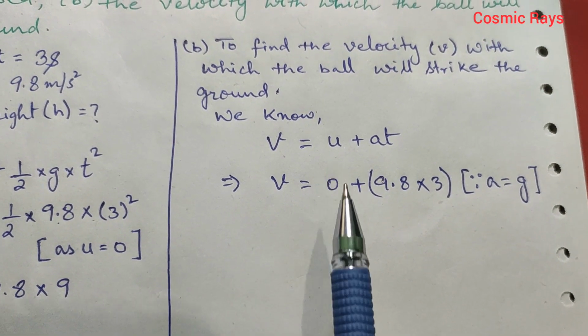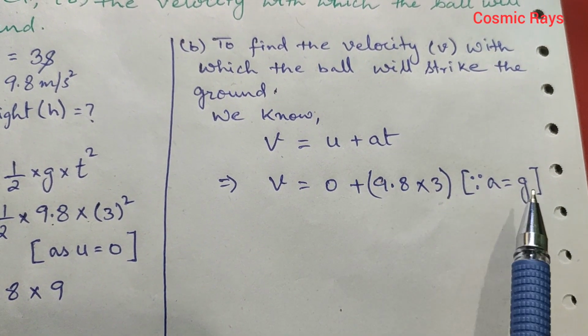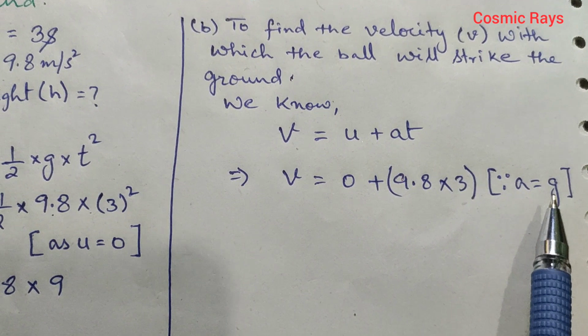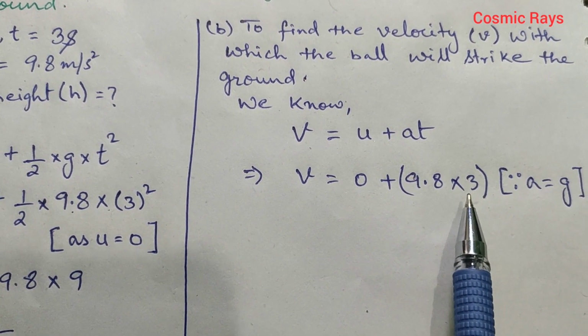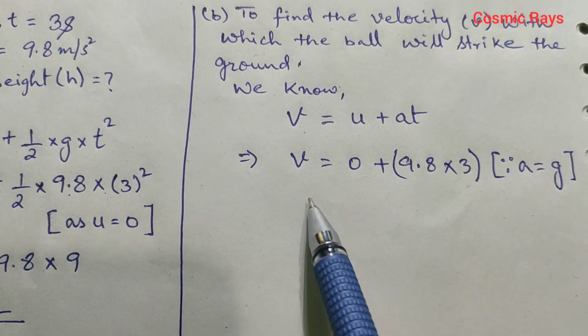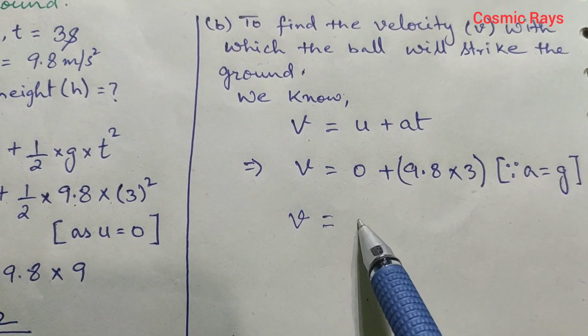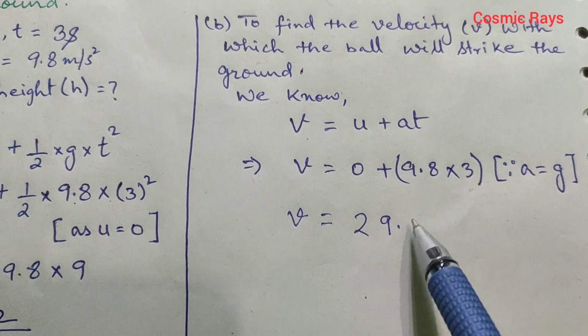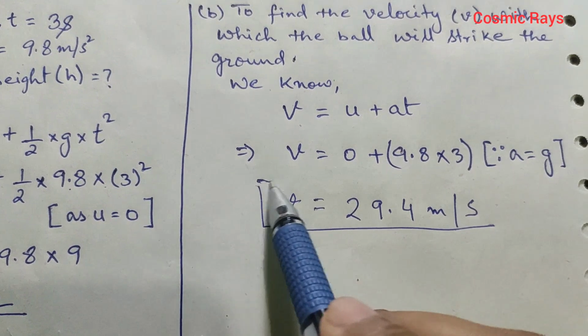Initial velocity u was 0 plus acceleration becomes acceleration due to gravity, so we write it as 9.8 multiplied by time taken, which is 3 seconds. So when we multiply, we find the velocity will be 29.4 meter per second. This is the answer.